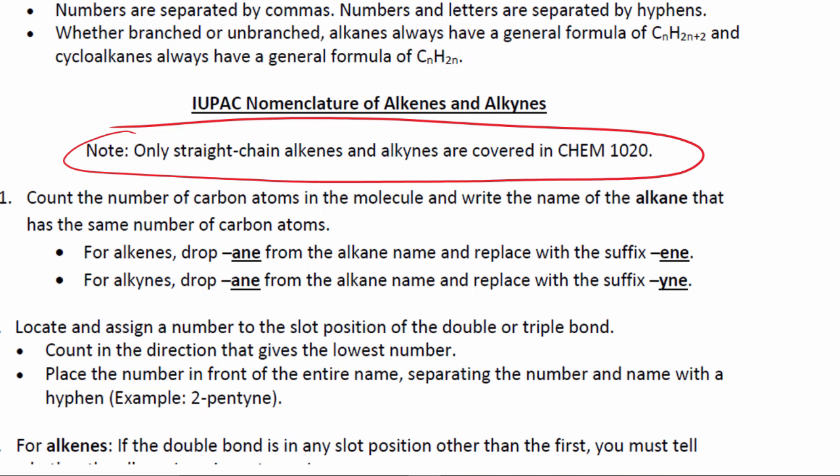When we say straight chain, that means when we look at the alkenes and alkynes, we're not going to worry about naming those that are branched. Now, while I say that, if you look at Mastering Chemistry, you will find some branched stuff in there. That's because I can't eliminate some of those. But if you look at this worksheet, what you'll find out is that I've not assigned any branched ones here for the alkenes or alkynes.